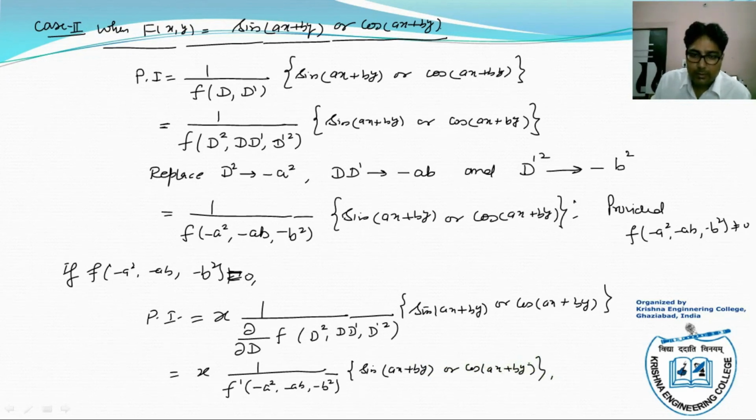The condition is that f' of minus a square, minus ab or minus b square must not equal 0. Clear? Now we learn this whole process with the help of a suitable example.